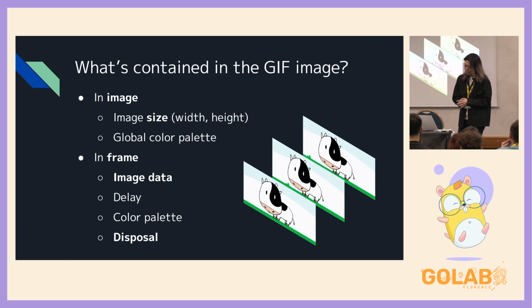The delay specifies the amount of time each frame is displayed. The color palette is also in each frame, allowing it to use its own set of colors. The disposal, which will be significant later, is also contained in each frame. These elements together create a GIF image.